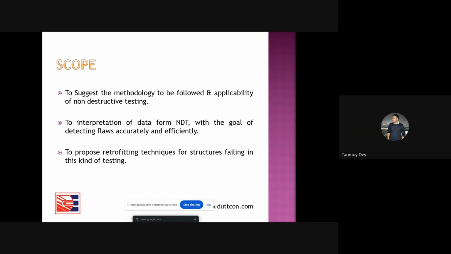I'm telling you one thing: non-destructive testing is very good, but one thing is very important. For a particular zone, one particular test is not sufficient. Suppose most of the people are doing what? We are doing UPV and hammer. As far as RCC is concerned, we are doing UPV and hammer, which give a set of results.